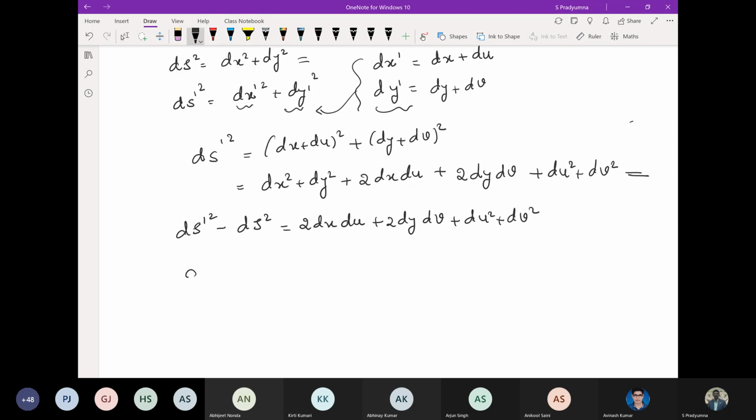Further, I can write du is equal to dou u by dou x dx plus dou u by dou y dy, and dv is equal to dou v by dou x dx plus dou v by dou y dy.